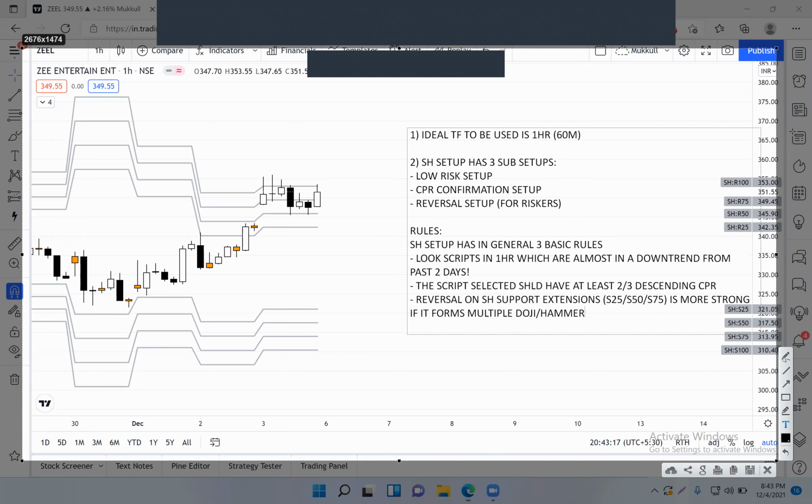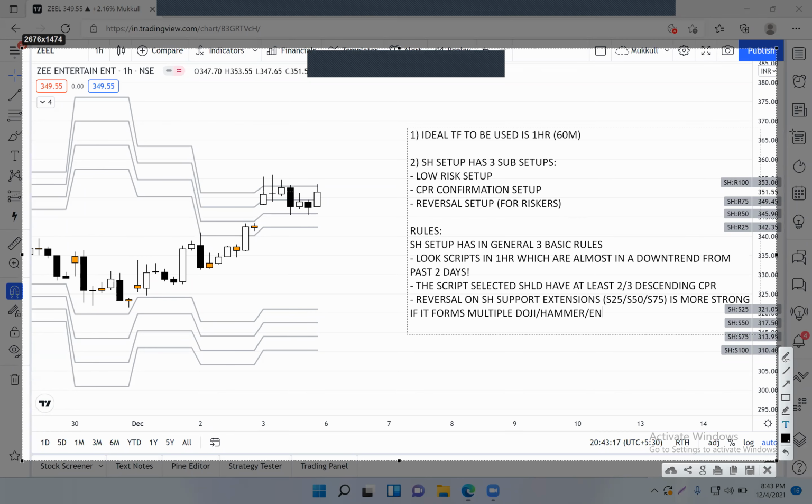If you find these, or engulfing candles, even engulfing can be good. It's more strong if it forms. So these are the 3 general basic rules which you have to keep in mind.